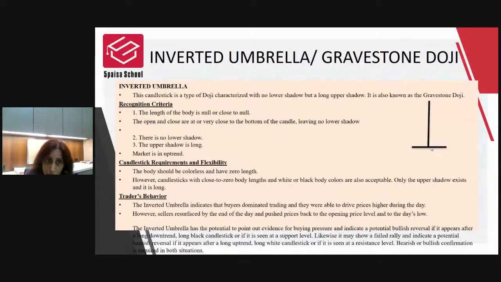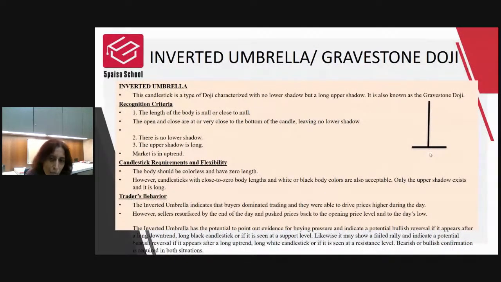That can also happen. It can indicate a potential bearish reversal if it appears after a long uptrend or a long white candlestick or a long green candlestick, or if it is seen at a resistance level. Bearish or bullish confirmation is required in both situations.